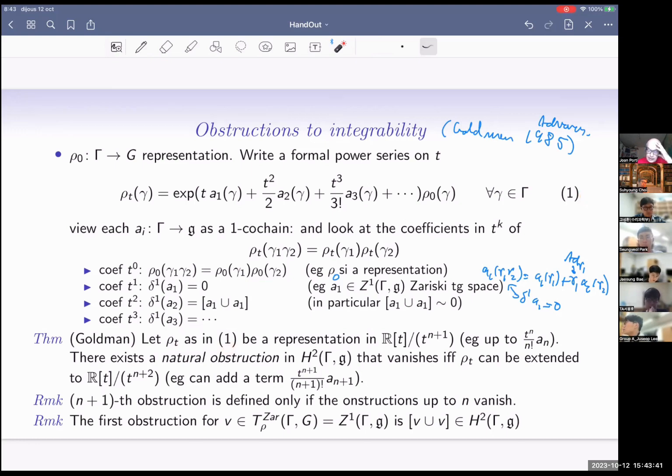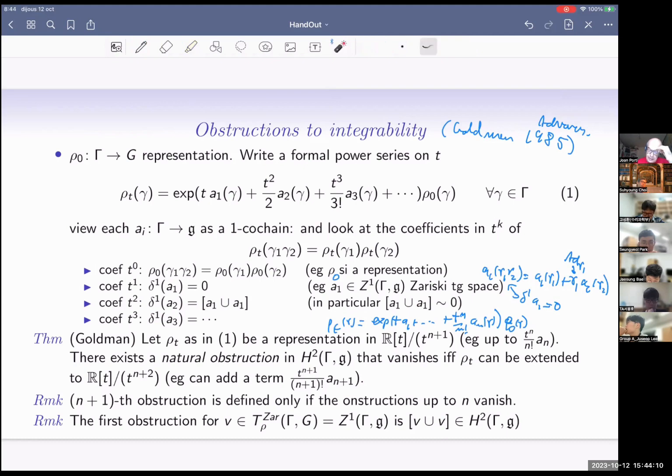assume that I can take the development up to the term t to the power of n. It means that I have rho t of gamma is the exponential of t a1 plus ... plus t to the power of n divided by n factorial, times rho 0 of gamma.